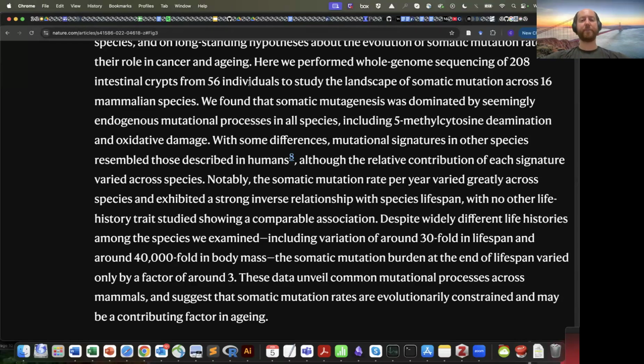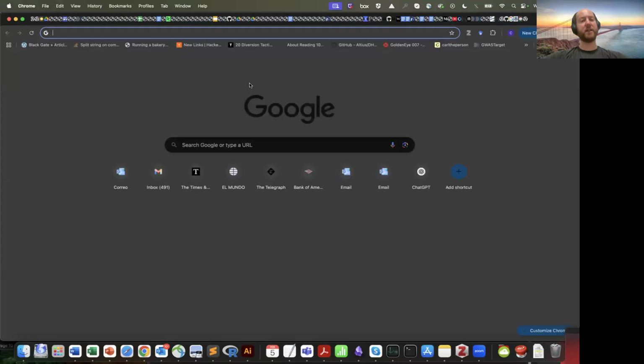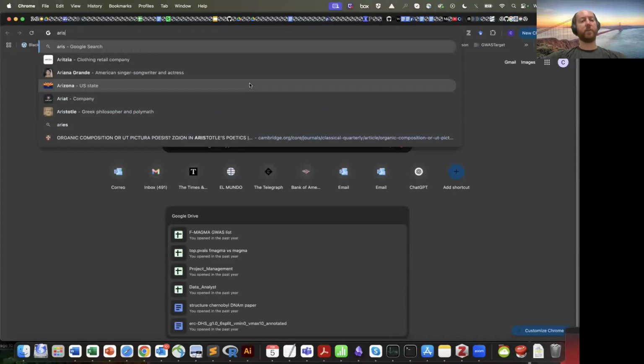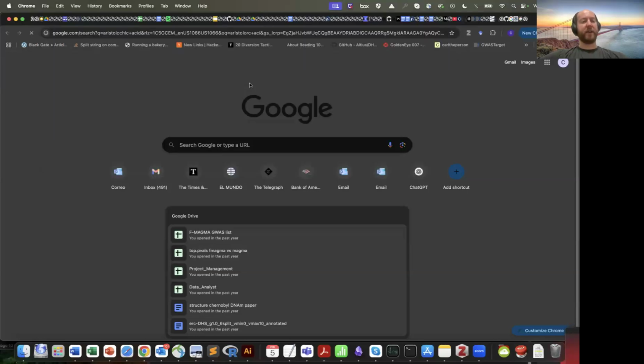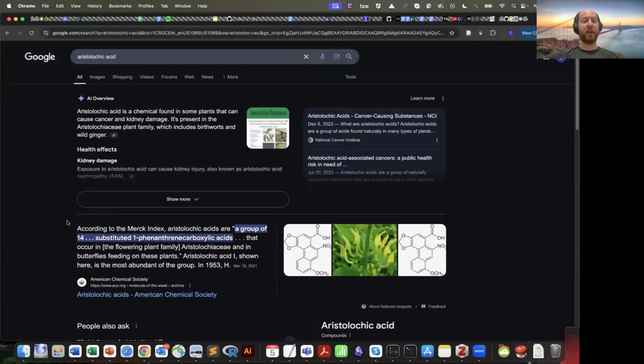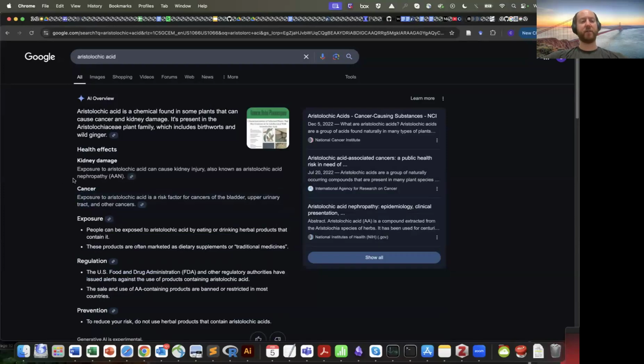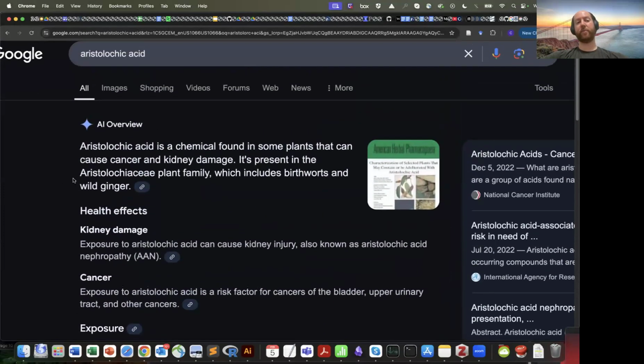There are also all kinds of substances that can affect mutation rates. For example, you may have heard of aristolochic acid, which is in a plant found in fields. For example, it's very commonly found in the Balkans.